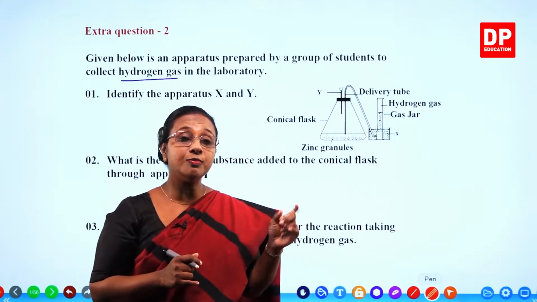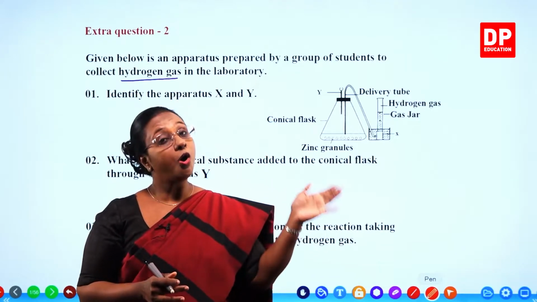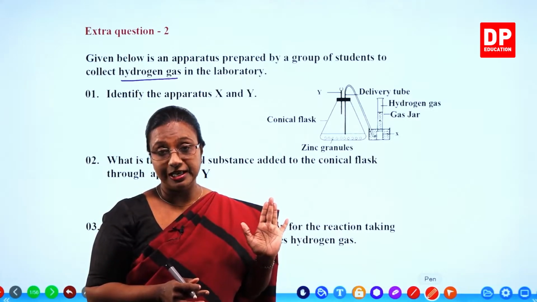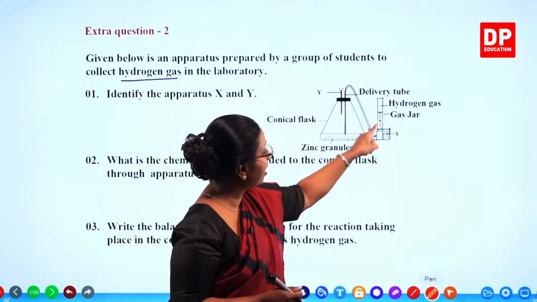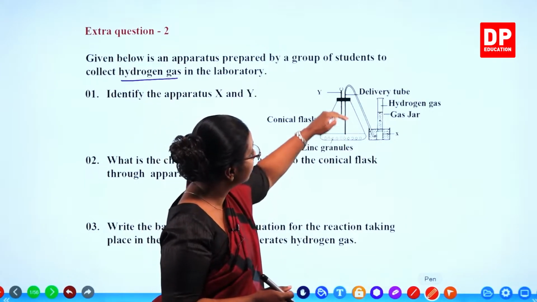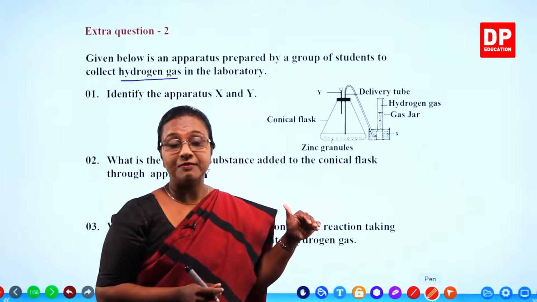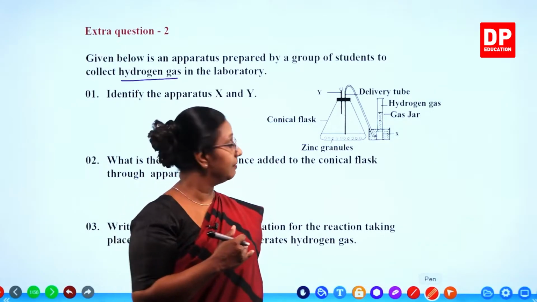What is a delivery tube? A glass tube initially, and then we can connect a rubber tube, or it can be a glass tube only. Through the delivery tube only, the gas liberated will be transferred to this side of the apparatus. So the delivery tube has to be slightly above. The thistle funnel has to come down and the delivery tube has to be above.